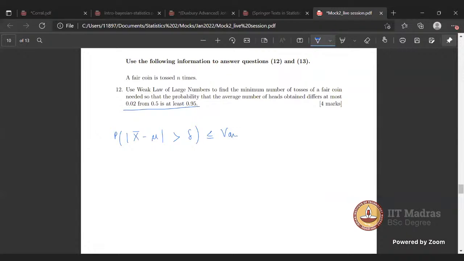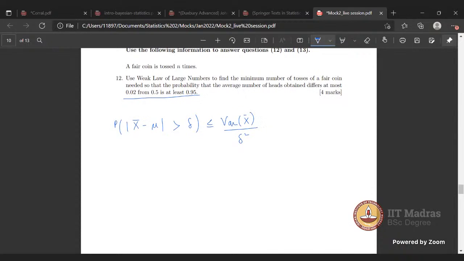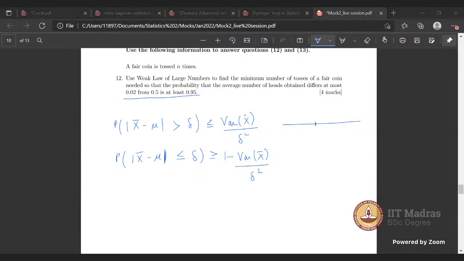So this is variance of x bar upon delta square, and the other way to write it is the probability that mod of x bar minus mu is less than or equal to delta is greater than or equal to 1 minus variance of x bar upon delta square.